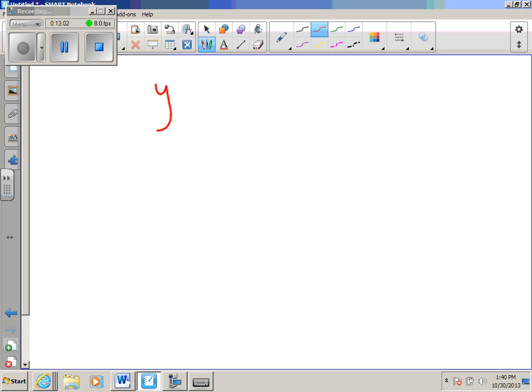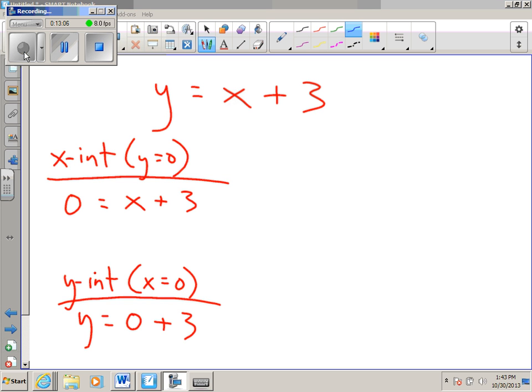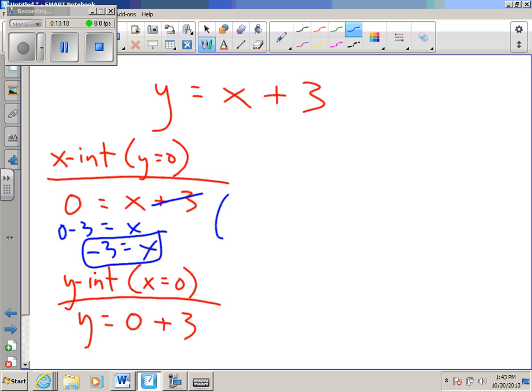Y is equal to x plus 3. I have to solve for x, so the opposite, I got to get x by itself. The opposite of adding 3, subtract 3. 0 minus 3 is equal to x. Negative 3 equals x, so I'm going to have a negative 3, 0 as my first coordinate.